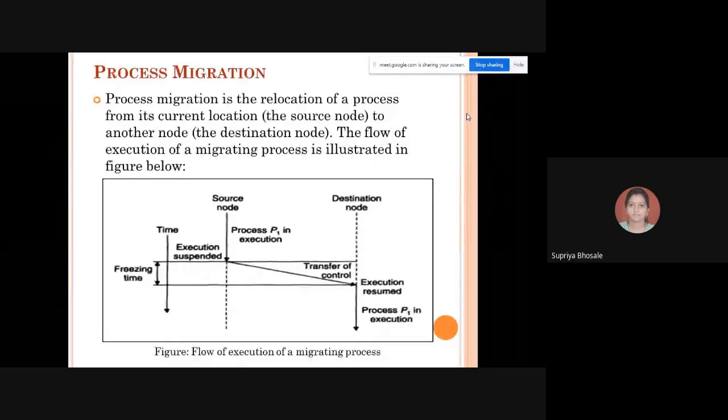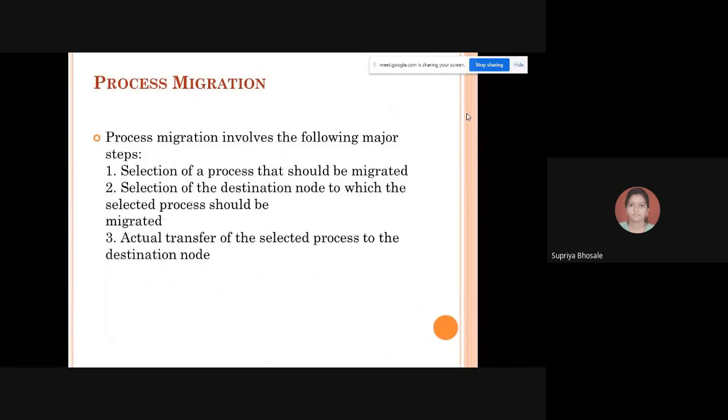Then coming the steps for process migration. How exactly the process migration is taking place. So it is by 3 steps. That is, first is selection of process that should be migrated. Then selection of destination node to which the selected process should be migrated. And third, actual transfer of the selected process to the destination node.